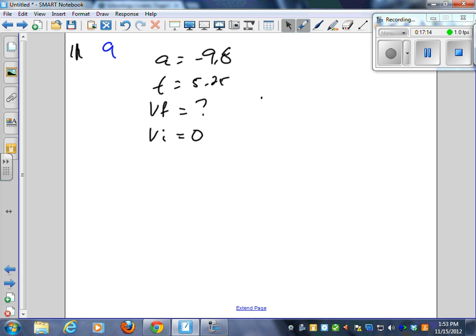I'm going to write A equals delta V over delta T. Minus 9.8 is equal to delta V over 5.25. And you've got to be able to solve this, like, just know it, automatic. Delta V, this just becomes a multiplier, right? And it's minus 51.45.